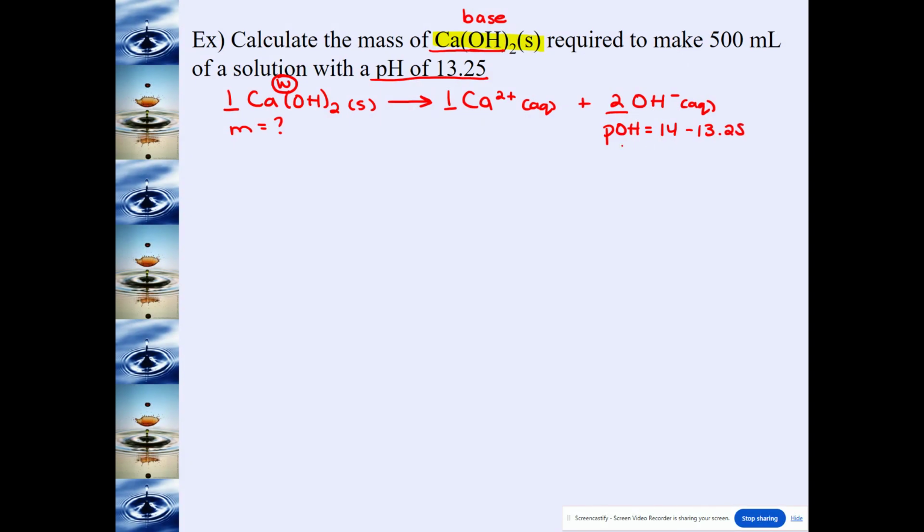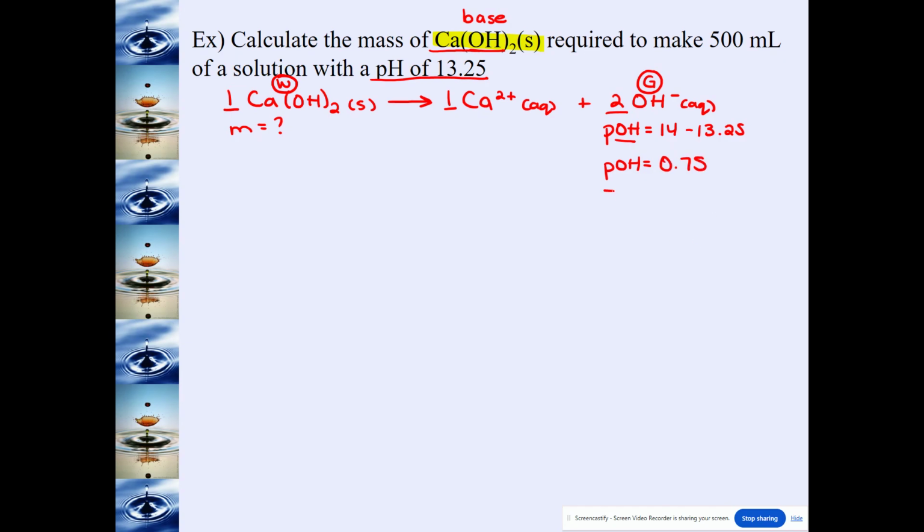Now again, why do I need pOH? So that I can find the concentration of my hydroxide ions. They can then be the given in my wanted over given ratio. So 14 minus 13.25 gives me a pOH of 0.75.